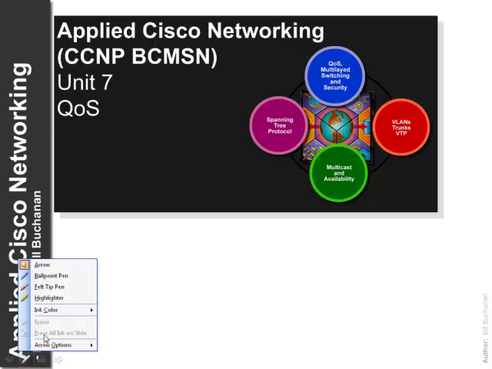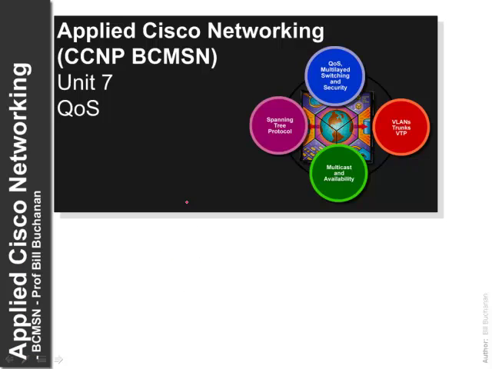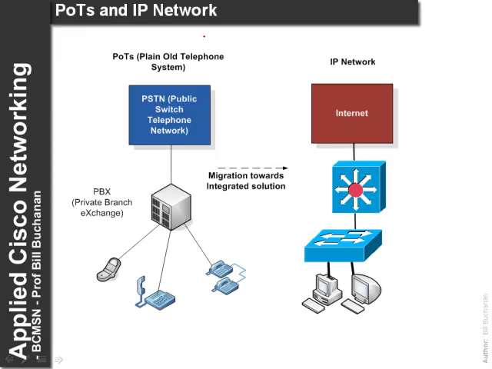In this lecture we'll look at an extremely important area of growth, and that is quality of service. At the present time we're moving from our plain old telephone system, which used switched technology and private branch exchanges, towards using the internet and IP networks to carry voice traffic.